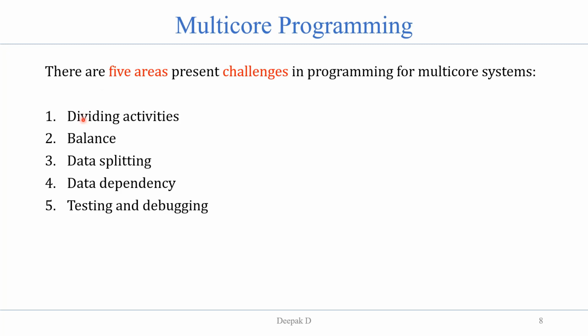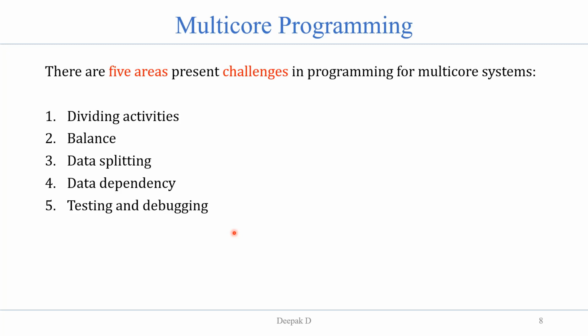The fourth one is data dependency. The data accessed by the tasks must be examined for dependencies between two or more tasks. The last one is testing and debugging. When a program is running in parallel on multiple cores, there are many different execution paths.